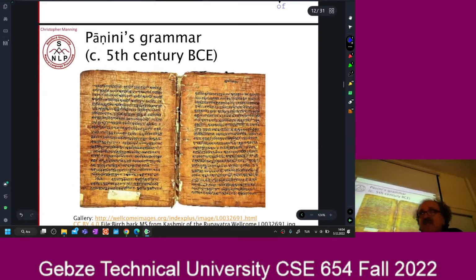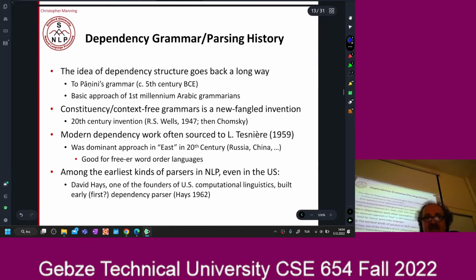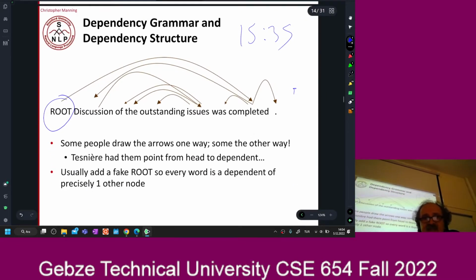This is actually a very old theory. Arabic linguistic scientists did this before the first millennium, and other people did dependency grammar too, so I'm going to skip it. This is an example: discussion of the outstanding issues was completed.